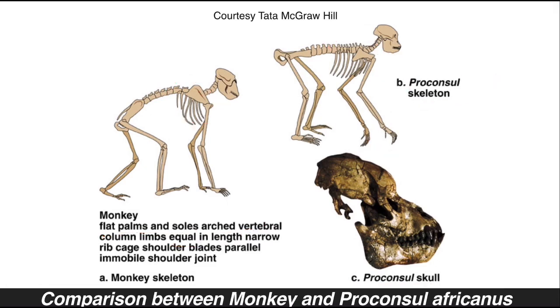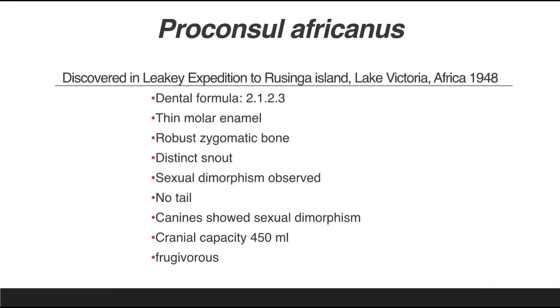Now seeing this, there are so many other things which were proven or could be found out. Let's see further about the proconsul africanus. It was discovered in the Leakey expedition to Rusinga Island near Lake Victoria in Africa.